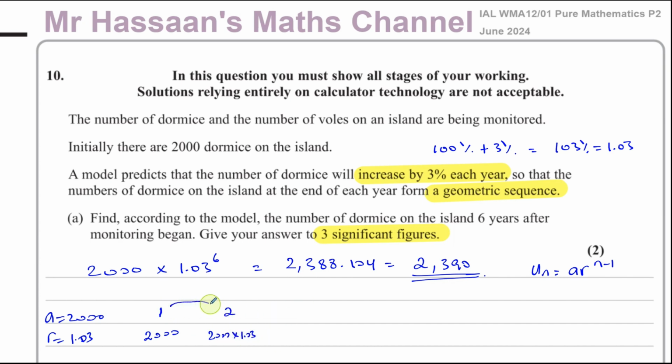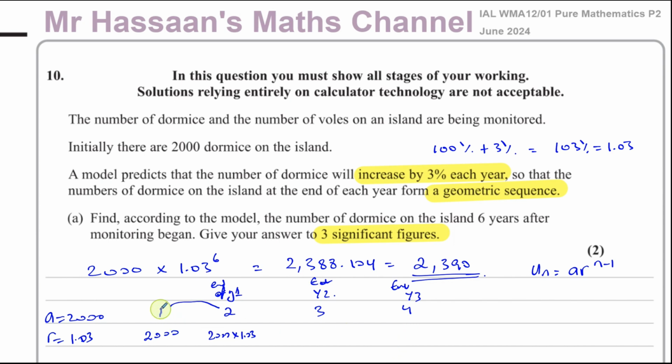So this represents the end of year 1. The second term is the end of year 1, the third term is the end of year 2, and the fourth term is the end of year 3.